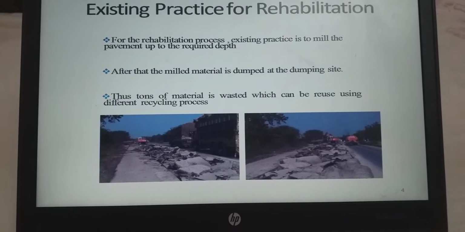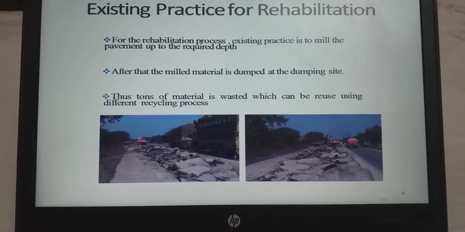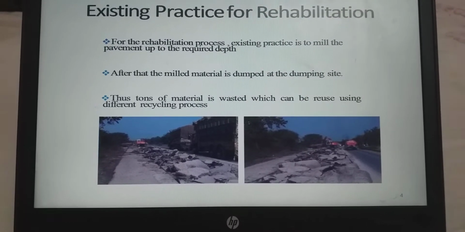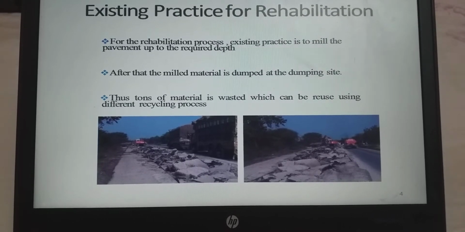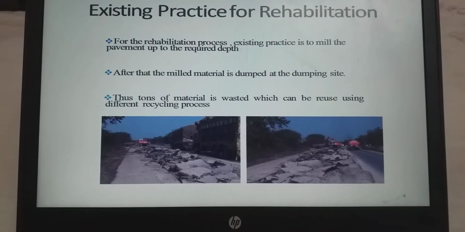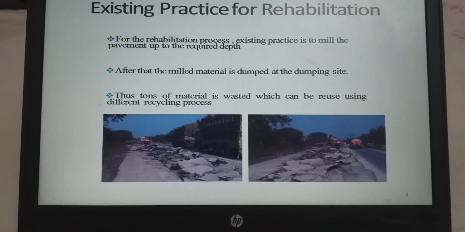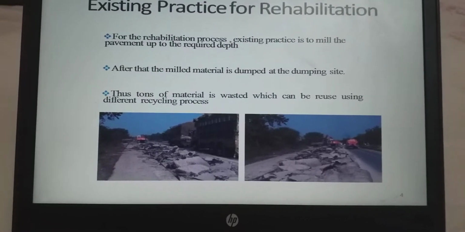After that, the milled material is dumped at the dumping site. When we dump this material at the required site, at this time tons of material are wasted, which can be reused using different recycling processes.